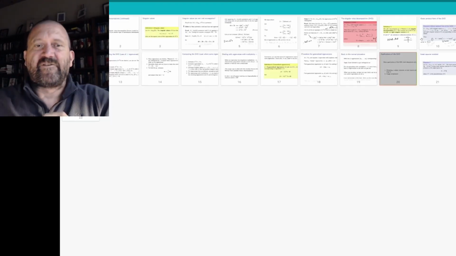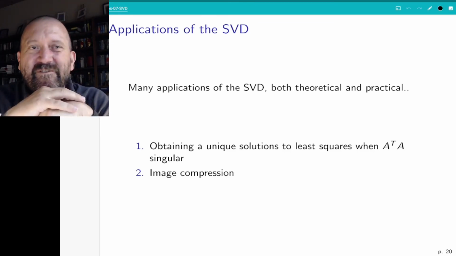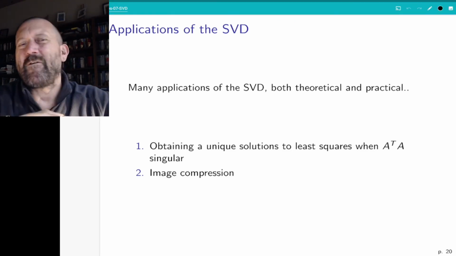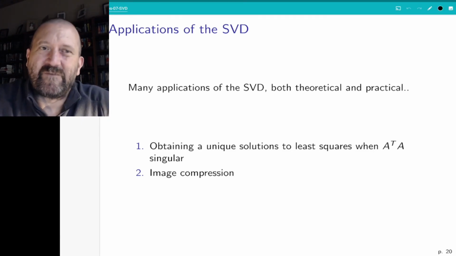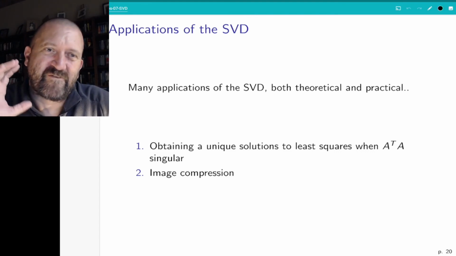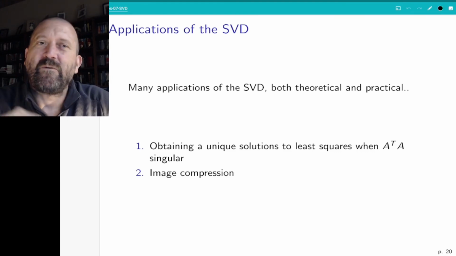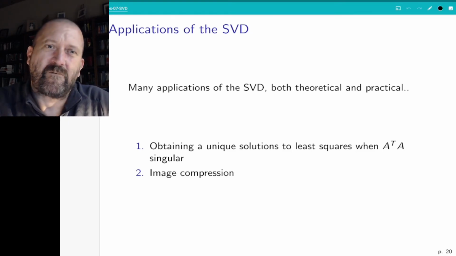Okay, so let me now go through, I'll introduce two applications of a singular value decomposition. There is a plethora of applications of the SVD. SVDs have super important applications both on the theoretical side of things and on the practical side of things.